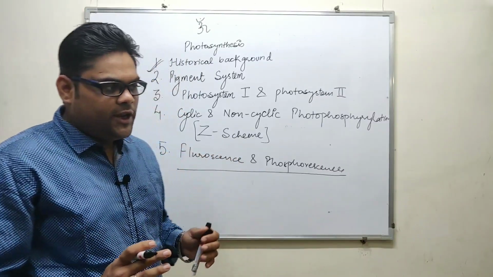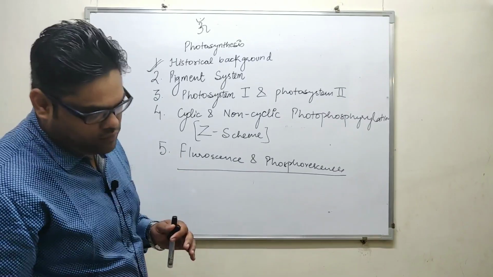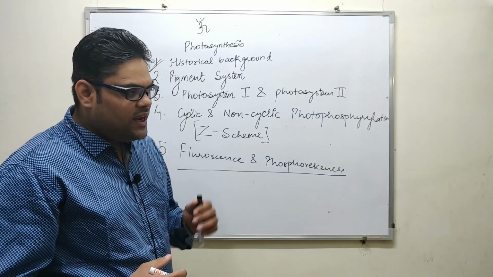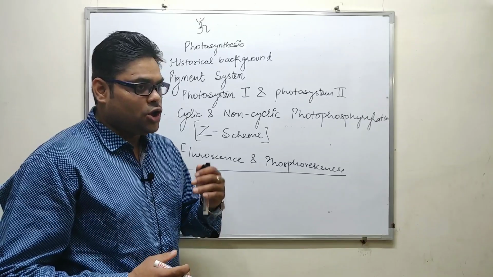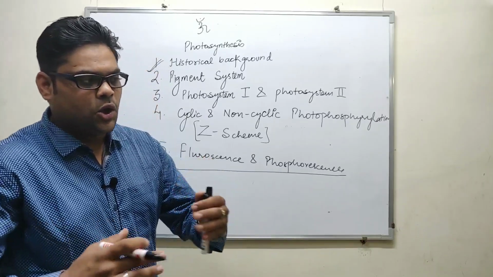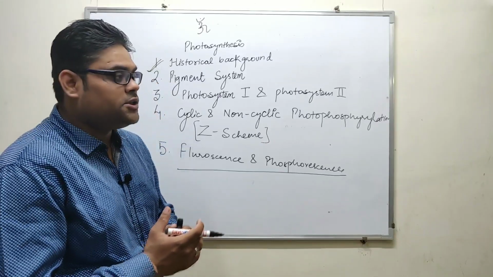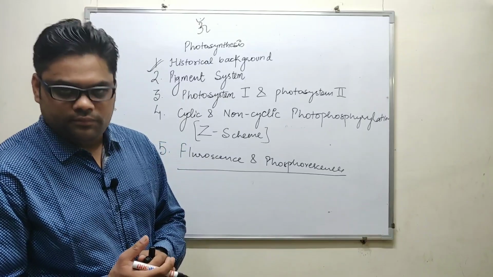So the very first point is that we have to prove that during photosynthesis the importance of light is 100% important. It is not only required for the formation of food.